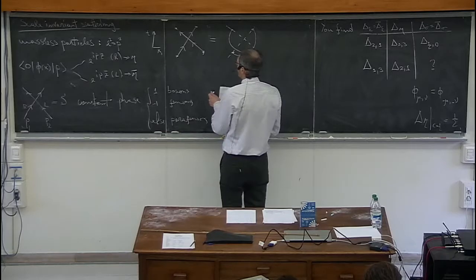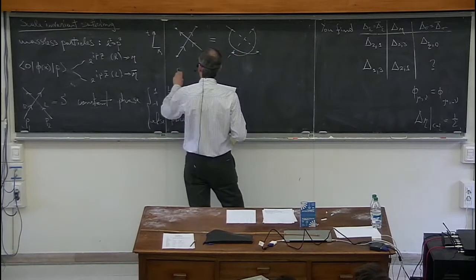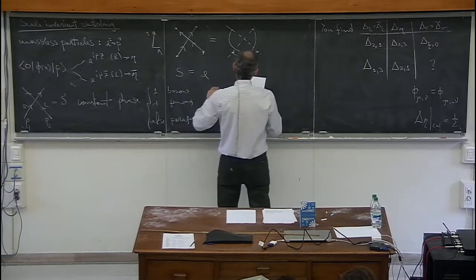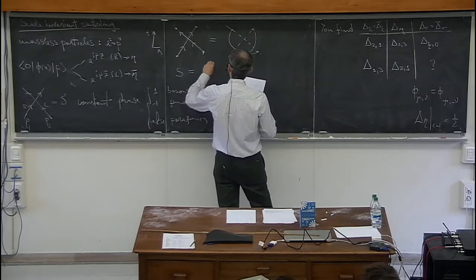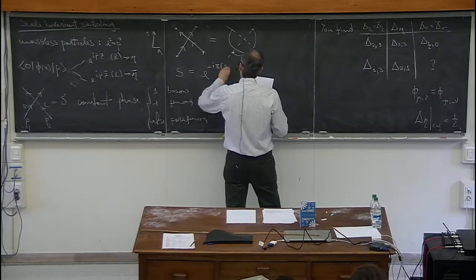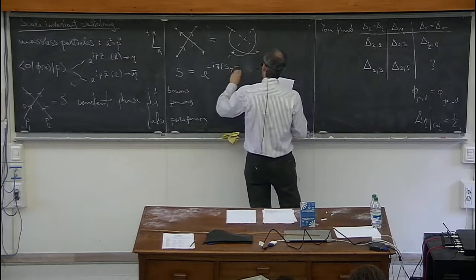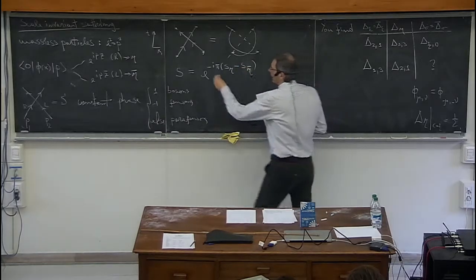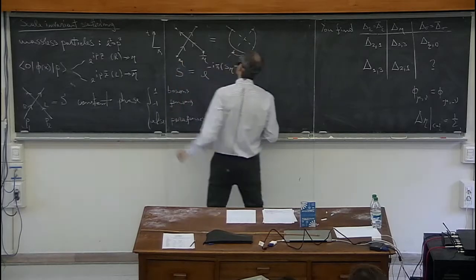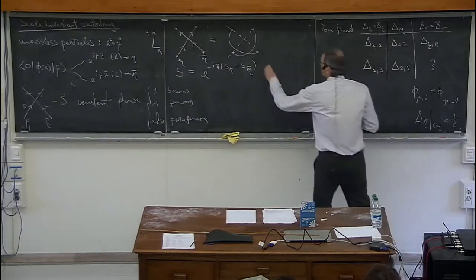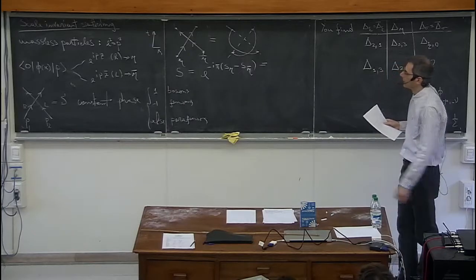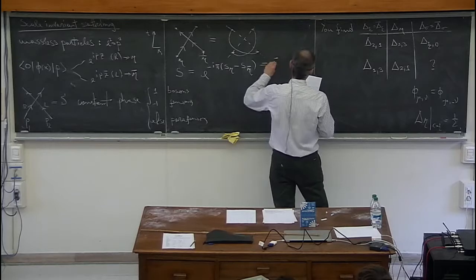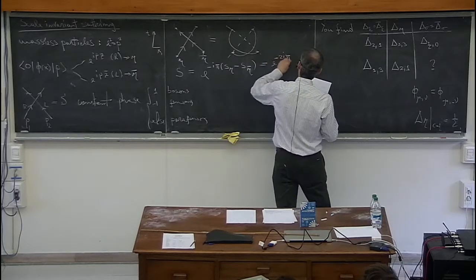So this pictorial equation translates into S, the scattering amplitude, equal to the total phase I get from this rotation by i pi, which is determined by the spin of eta minus the spin of eta bar, because I will have eta here and eta bar here. Now we know these spins because we know the delta and delta bar for these fields, and putting all together we get e to the minus 2 i pi delta eta.